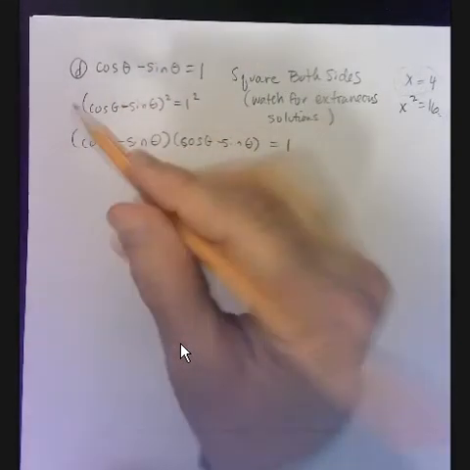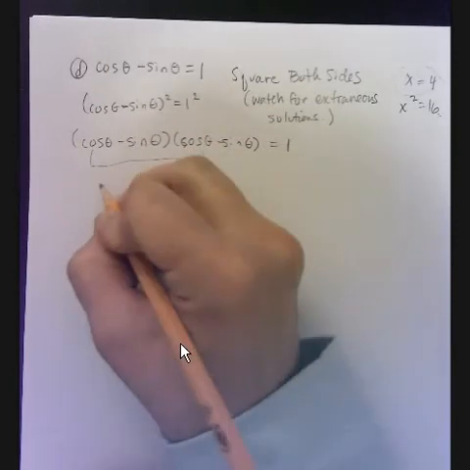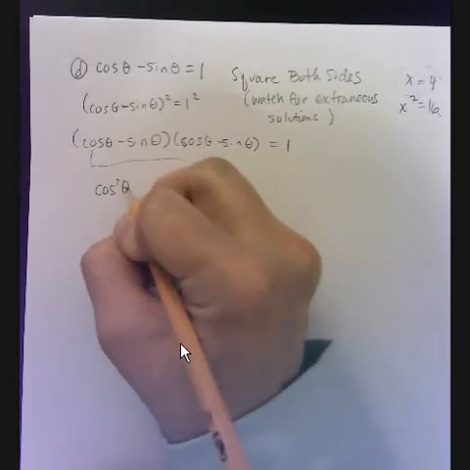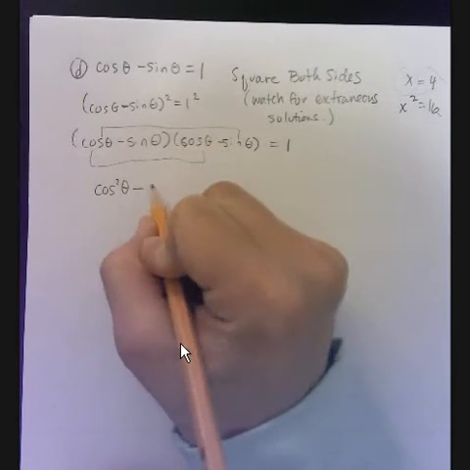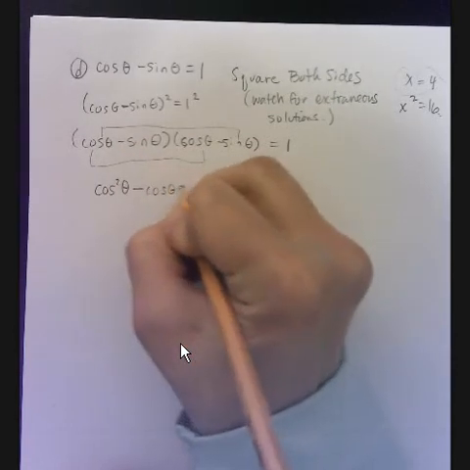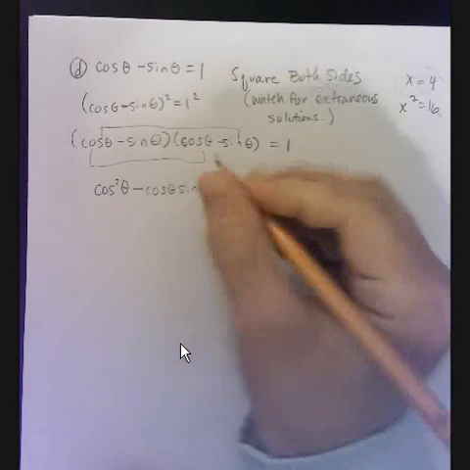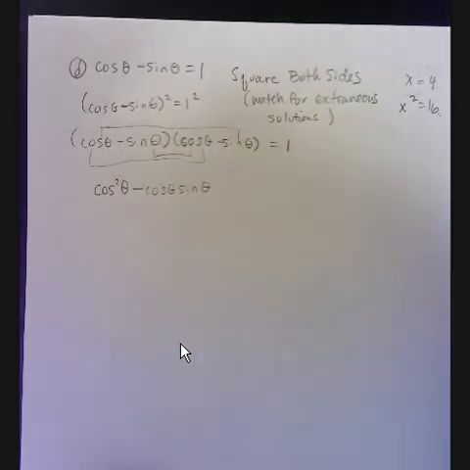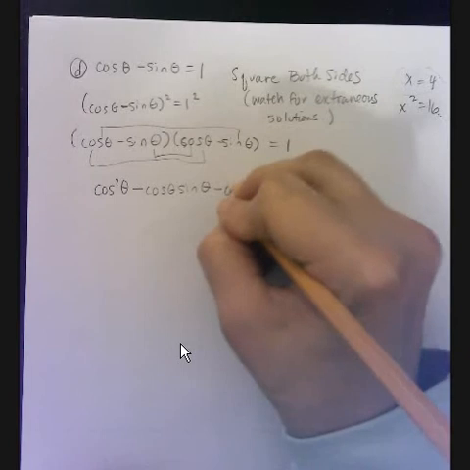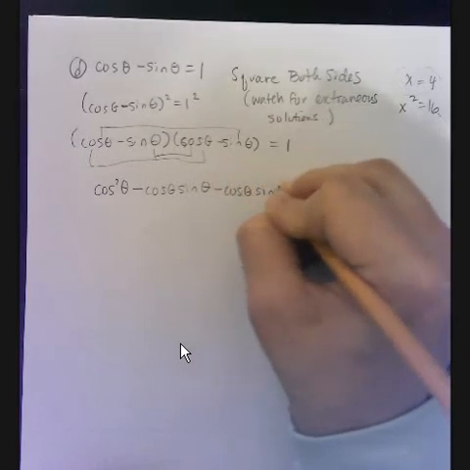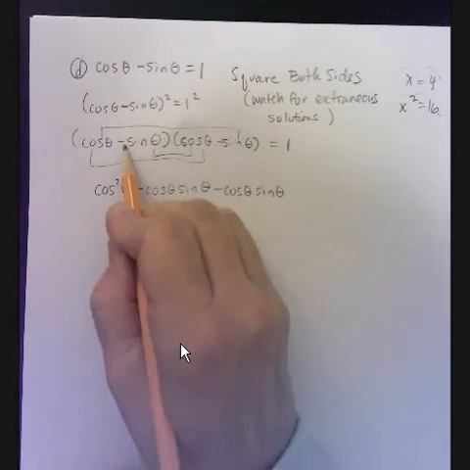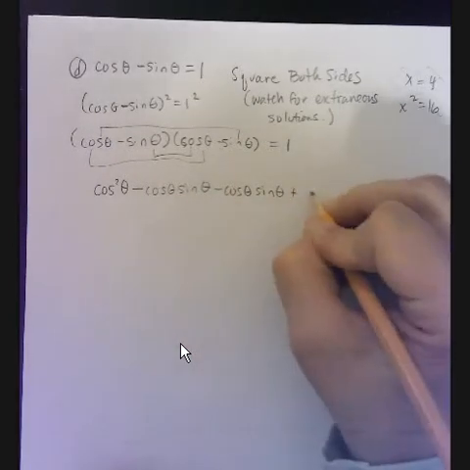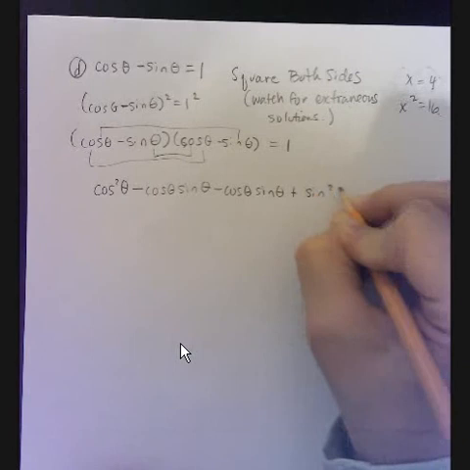Cosine times cosine would be cosine squared theta, and then our outside two will give us minus cosine theta sine theta. Inside two, same thing, minus cosine theta sine theta. And then our last two negatives become a positive, and we get sine squared theta equals 1.